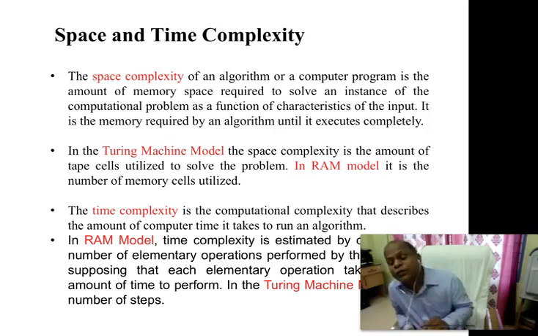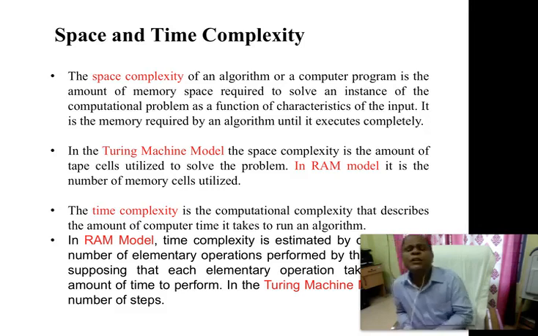Hence, in the Turing machine model, the tape cells utilized is the space complexity, whereas in the RAM model, it is the number of memory cells used.